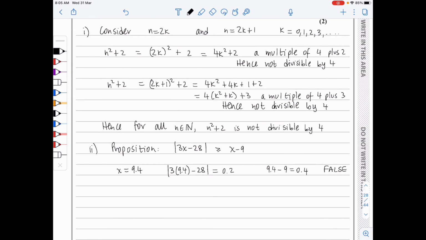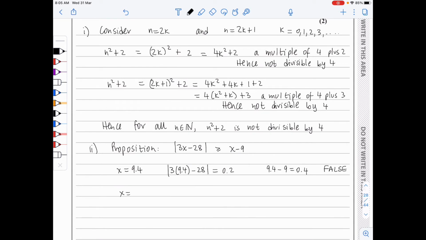And on the other hand, if I put, for example, x is 0, I get the modulus of 3 times 0 minus 28 being 28, and 0 minus 9 being negative 9, so in this case it's true, hence sometimes true. You could have approached this through a series of sketches or simply providing numerical examples.